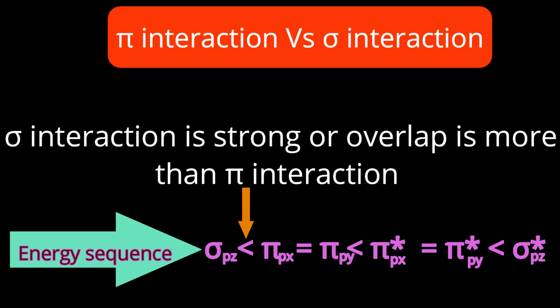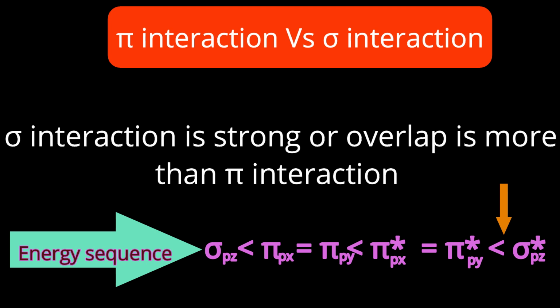Yes, since pz is an axial orbital along the internuclear axis, those two atoms are approaching along the pz direction. So there will be strong head-on interaction, and more overlap will be there. Therefore, the stability of the bonding orbital caused by pz will be more. Accordingly, the instability of the antibonding orbital also will be more.